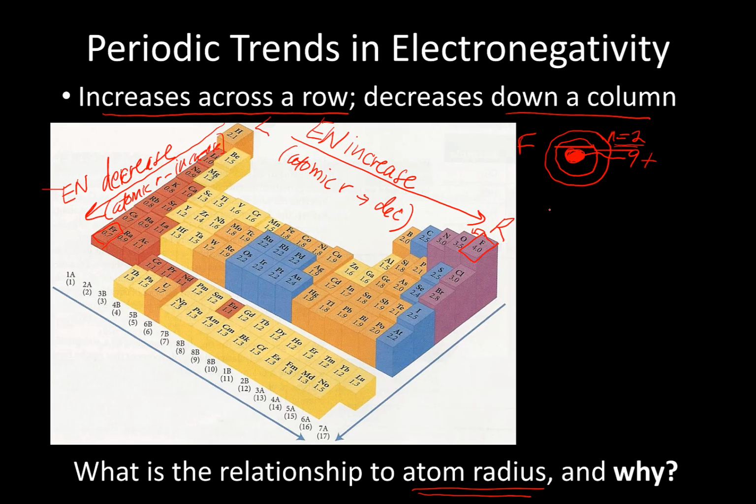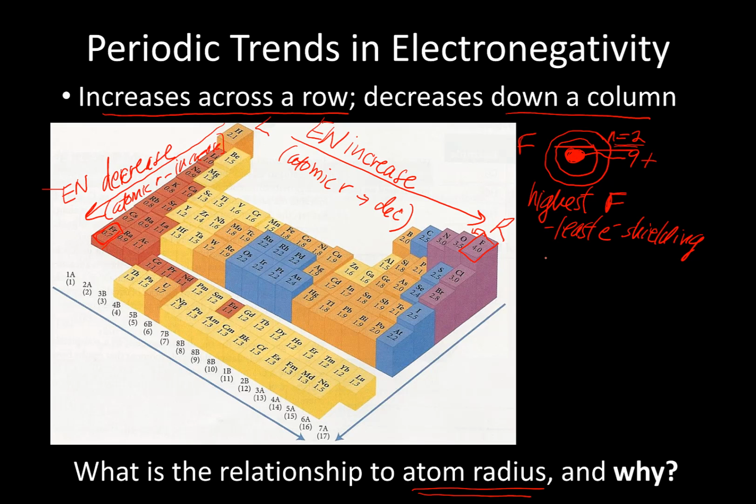If electronegativity is the ability to pull electrons toward it from other elements that it's bonding with, the reason fluorine has the highest is because it's got the least amount of electron shielding, because it's only got n equals 2 as its energy level. When we look at francium, we'll see that it's got way more energy levels.